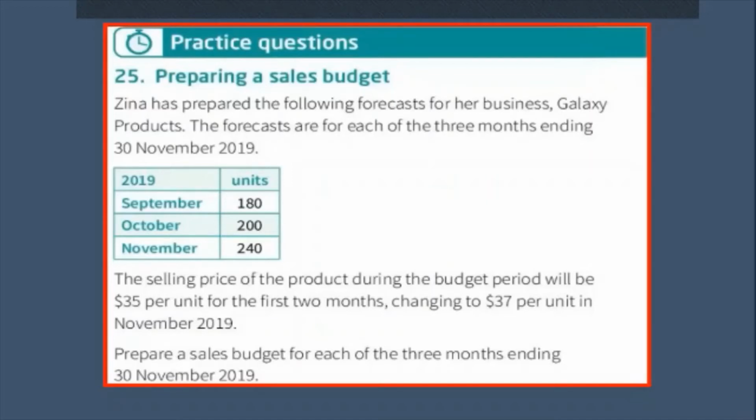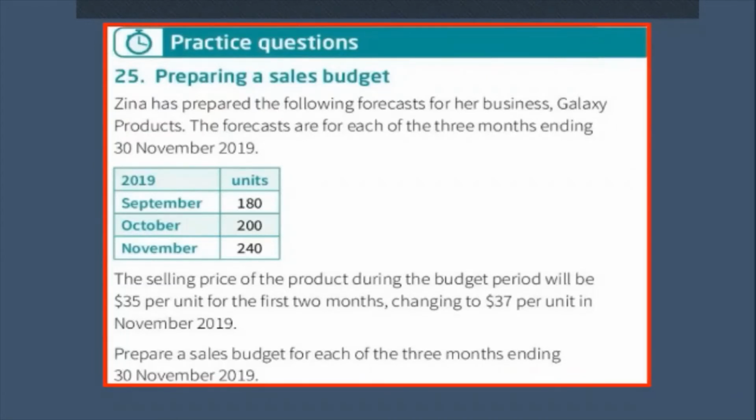The forecasts are for each of the 3 months ending 30th November 2019. And we have 3 months again. Incidentally, this is the last quarter of the year. The selling price of the product during the budget period will be $35.